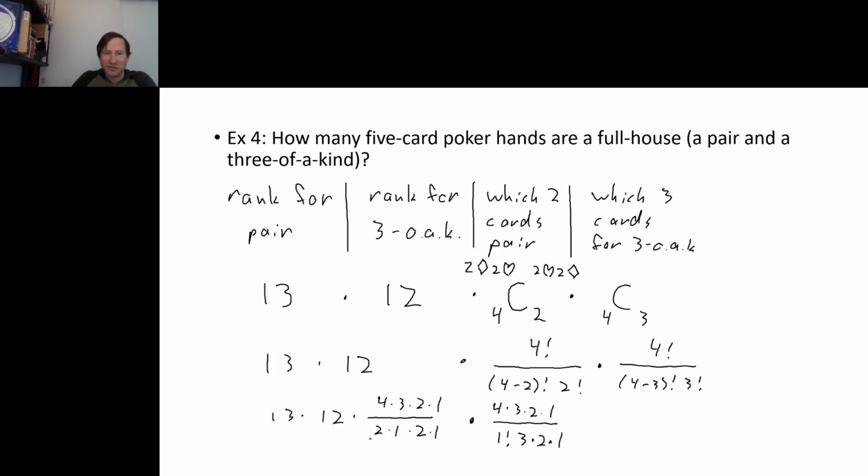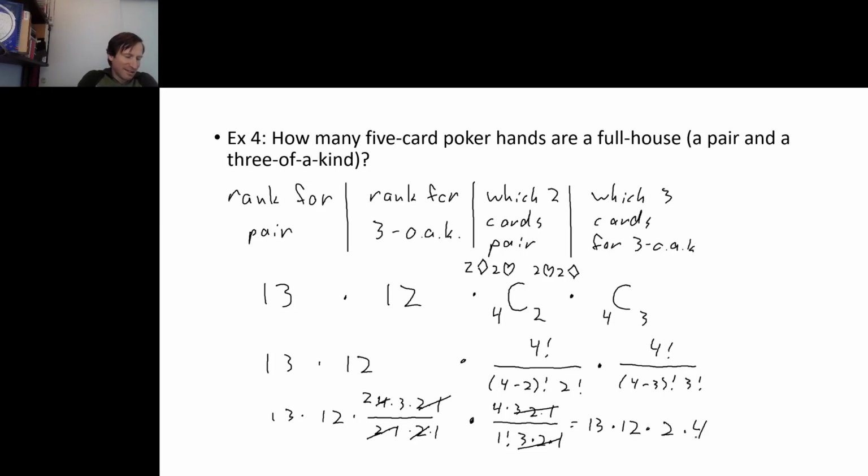Now we can do some simplifying, so this 2 times 1 cancels that one. This 2 simplifies this 4 down to a 2. In our second quotient, 3 times 2 times 1 all simplifies away. So we're left with 13 times 12 times 2 times 4.